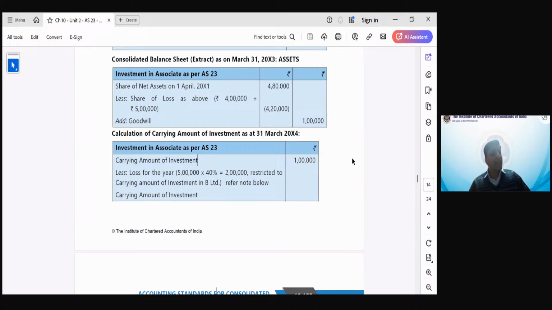Now, let's begin with our presentation. So at the beginning of third year, I should say, what was the amount of investment in the consolidated balance sheet? Tell me quickly.